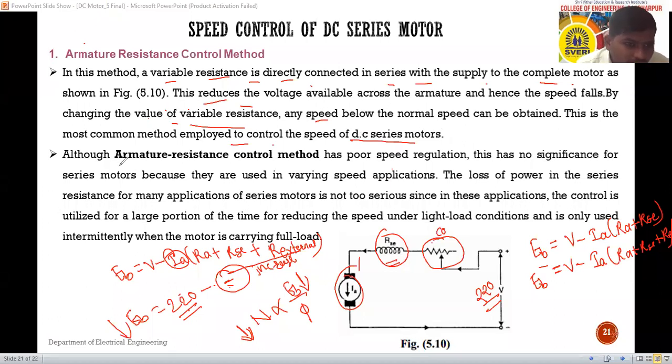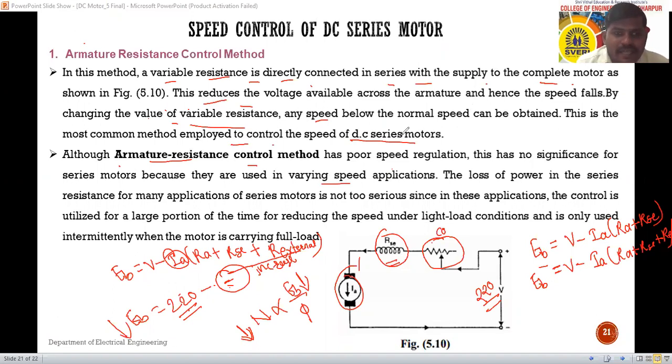Now see, this armature resistance control method has poor speed regulation. Its speed regulation is poor. Poor regulation has no significance for a series motor because they are used in varying speed applications.